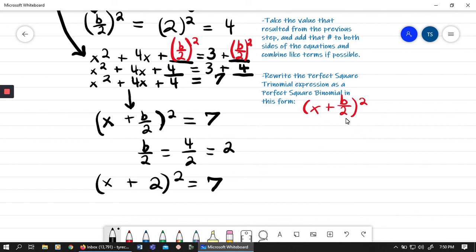Okay, so now that it is in this particular form, we've actually completed the square. But now what we need to do is solve this equation.